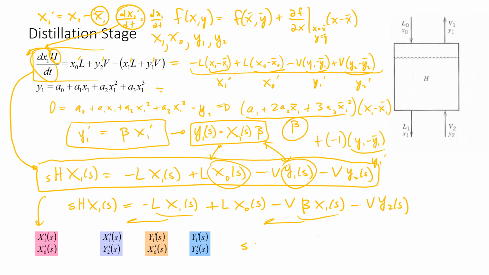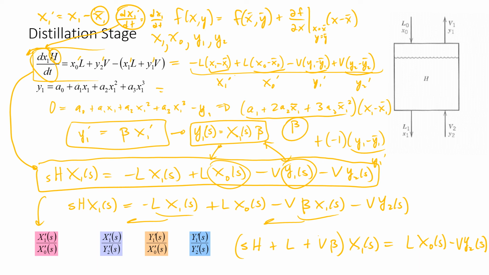So s times h plus L plus v times beta, all of that multiplied by x1 of s. And then on the right hand side, I just have L times x naught of s minus v times y2 of s.